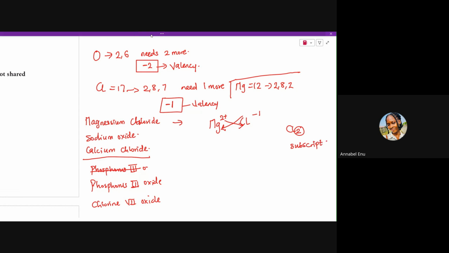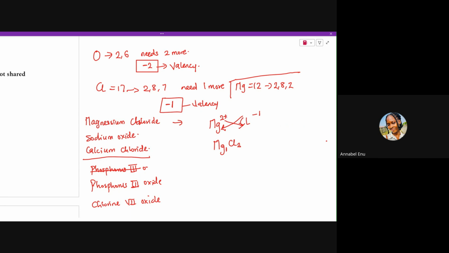So a proper way to write magnesium chloride is not just by writing magnesium and chlorine together, but by writing them, knowing their valency and exchanging their valencies. So it's more like writing magnesium 1 and chlorine taking the 2 from magnesium, chlorine 2.